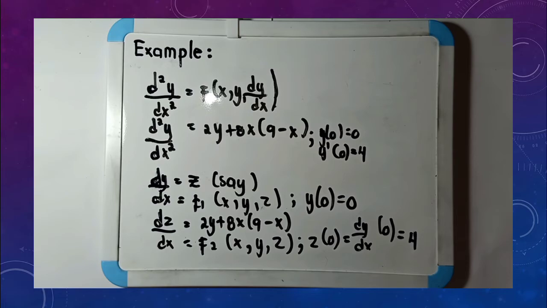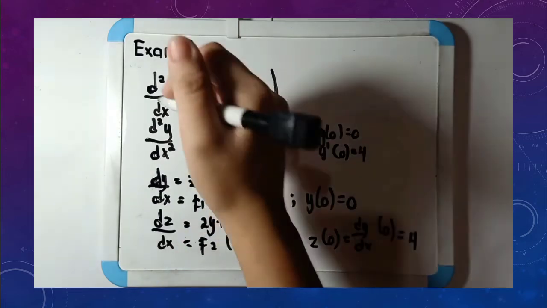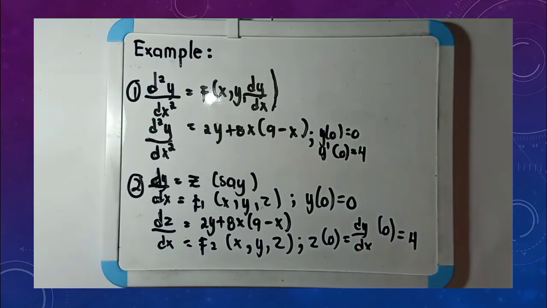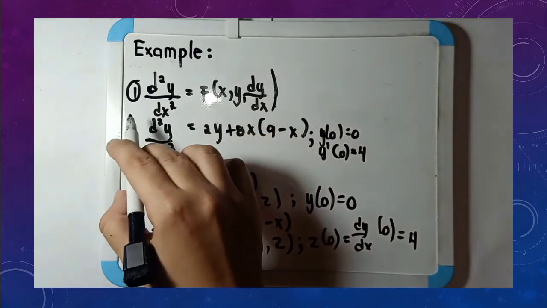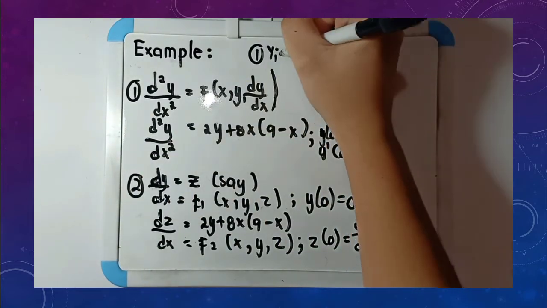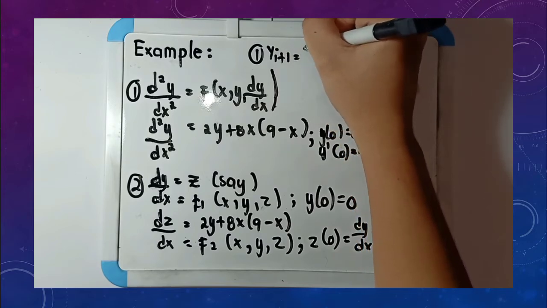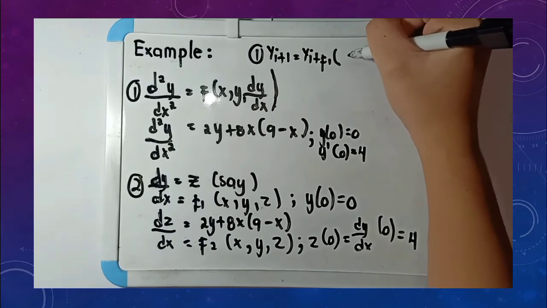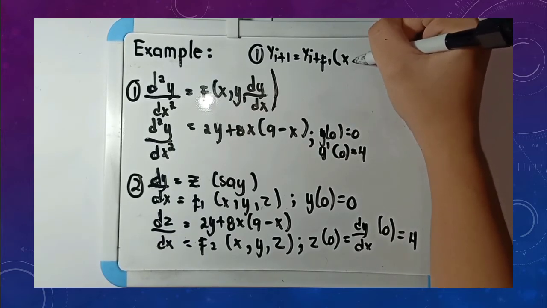Now we will apply the Euler's method approximations on these two first order simultaneous differential equations. Let's see what those are. From the first one, we get y sub i plus 1 is equal to y sub i plus the function f sub 1 of x sub i, y sub i, z sub i times h, where h is the step size.